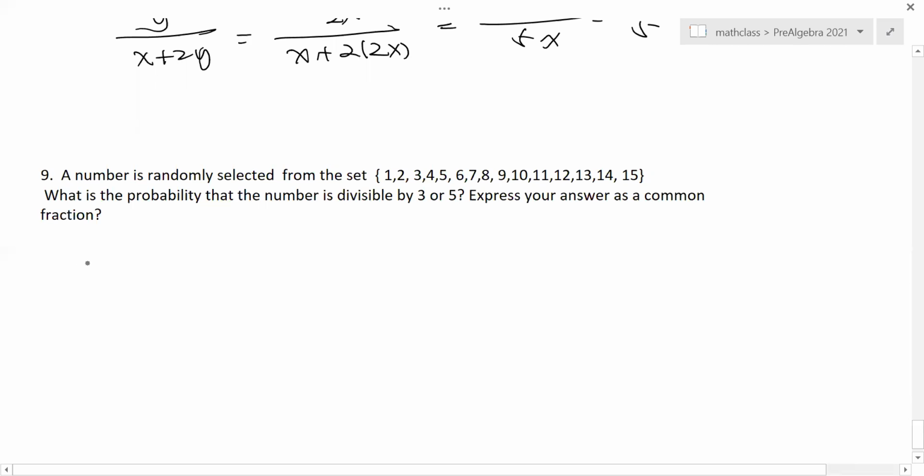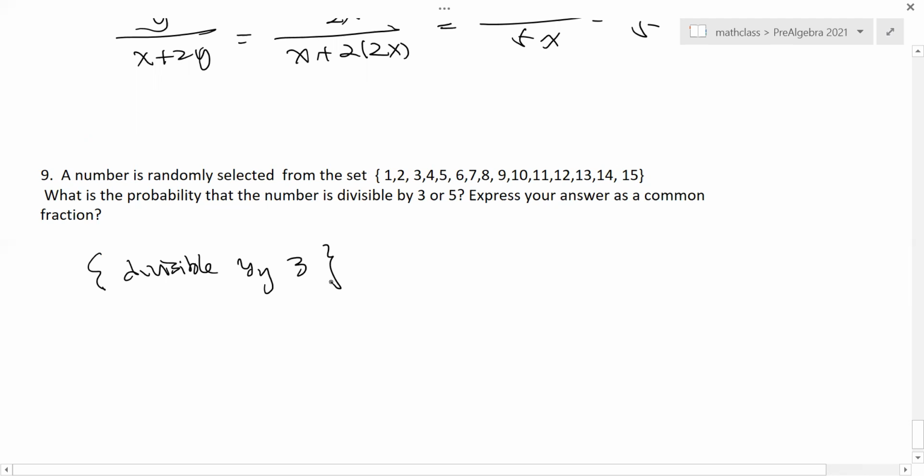For the total, the number of possible outcomes will be 15. We just need to know how many numbers are divisible by 3 or 5. But be careful. Divisible by 3, you just list them.